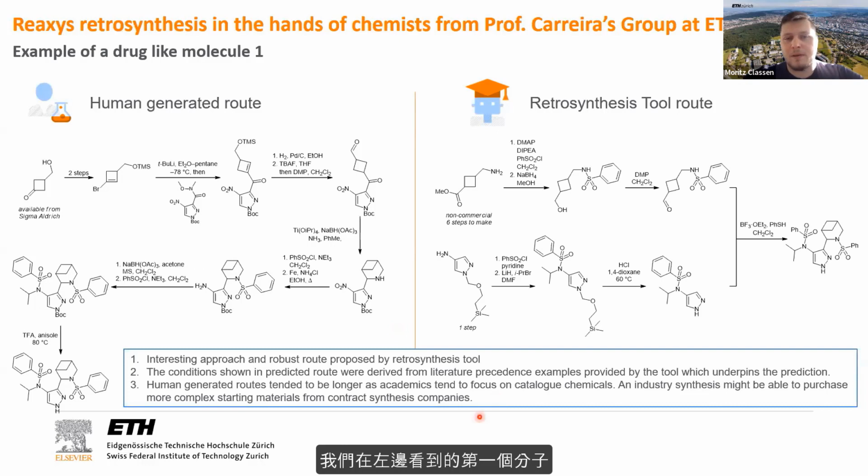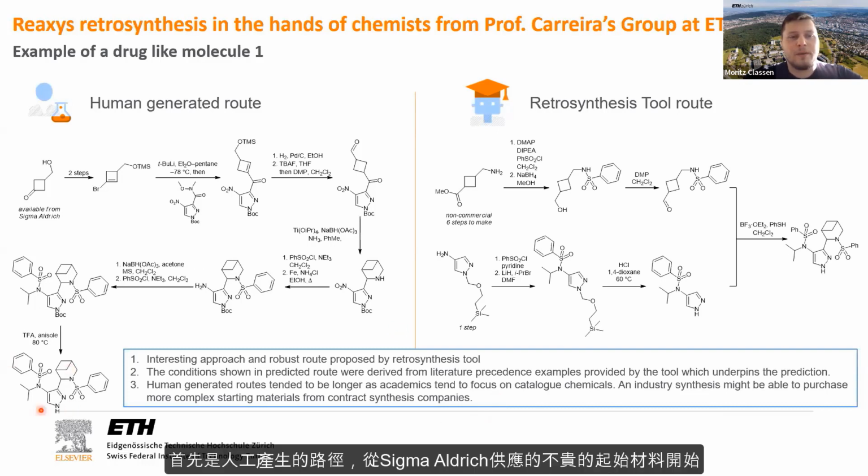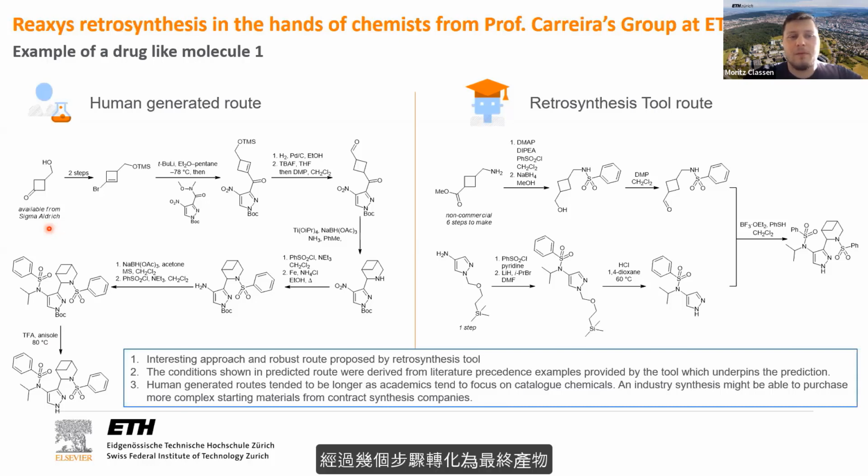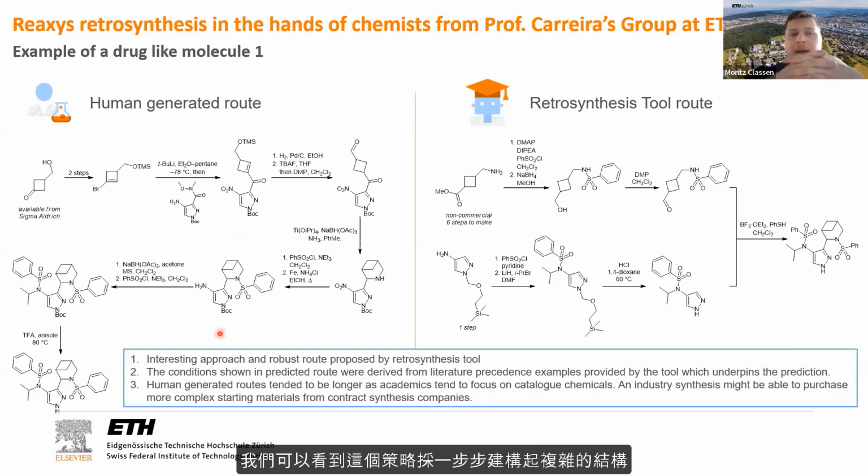So the first molecule, as we see here on the left, we have a human-generated route that starts from an inexpensive starting material available on the Sigma Aldrich catalog, which is then transformed over a couple of steps into the final product. We can see that this is an approach that focuses very much on building up complexity step by step.